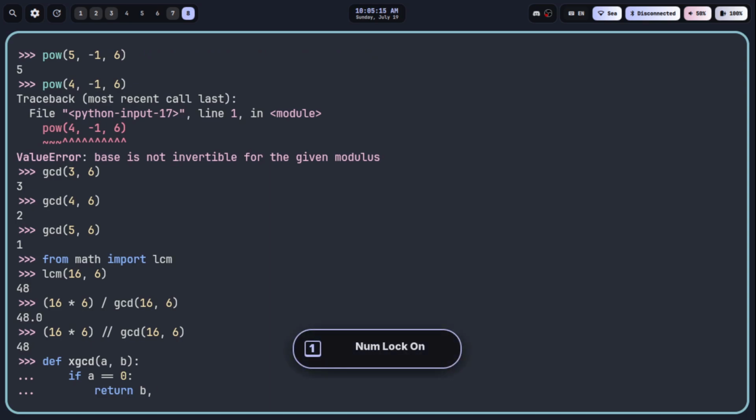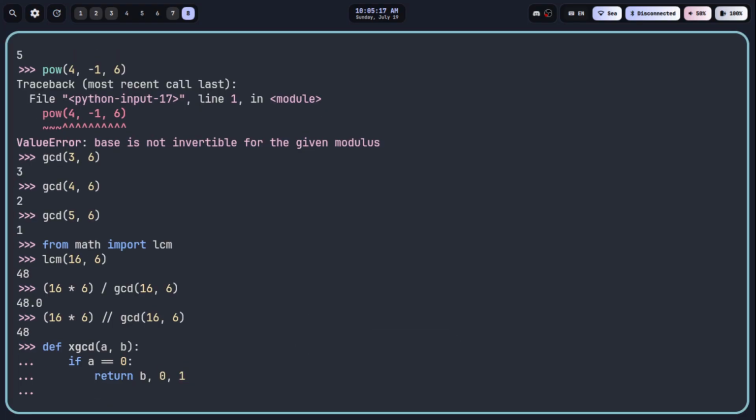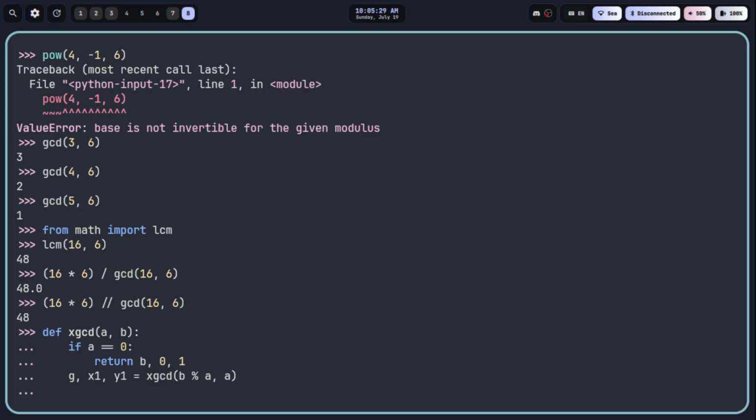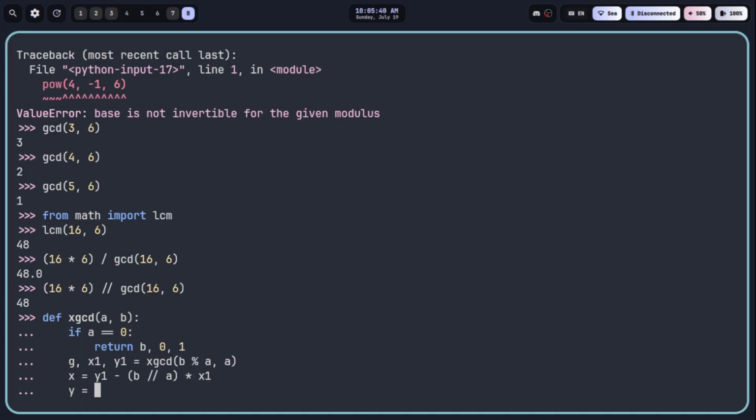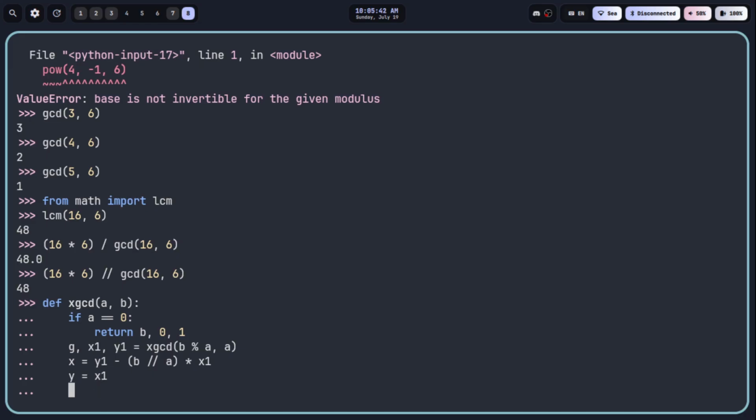Even for example, I don't particularly recall off the top of my head why it works. I just know that the algorithm exists and it works. So I'm just going to apply the Euclidean algorithm here, and then once that's done, we will do x equals y1 minus b quotient a times x1, then y equals x1, and then return g, x, y.